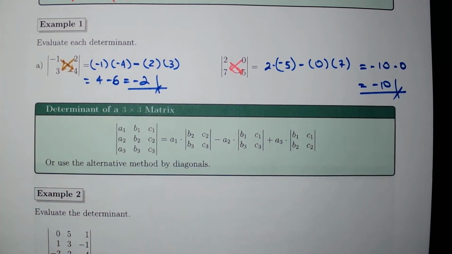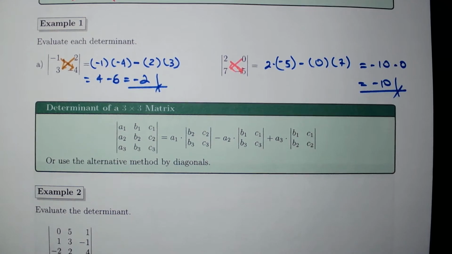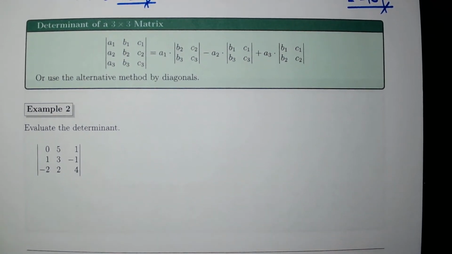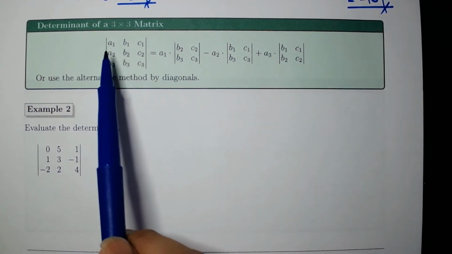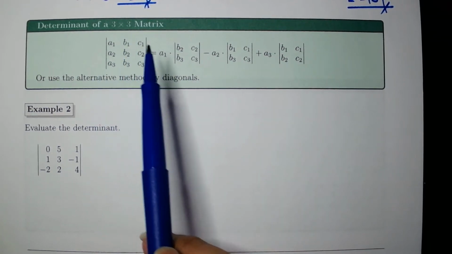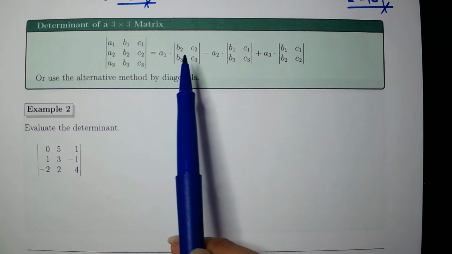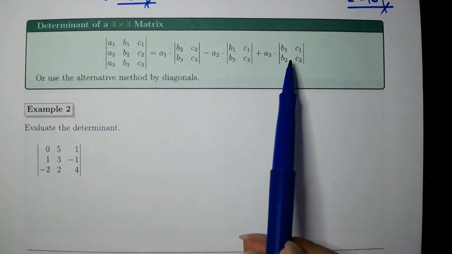What about the determinant of a 3 by 3 matrix? If you look at the book, you will find a formula saying that evaluating a determinant of a 3 by 3 implies evaluating 3 determinants that are 2 by 2.